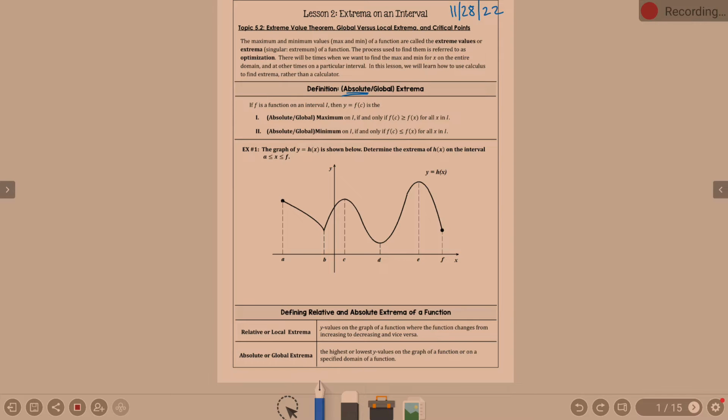For absolute global max and min on an interval, if and only if f of c, the y value at c, is greater than the rest of the function for all x. So if at a certain point c there's a y value that is bigger than all y values for any other x, it is absolute. It is the highest value or the lowest value.